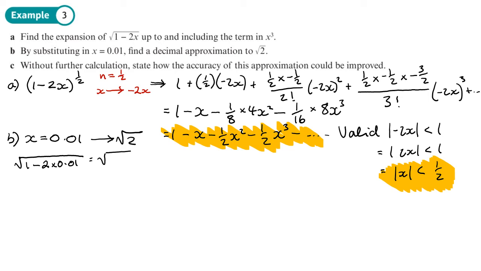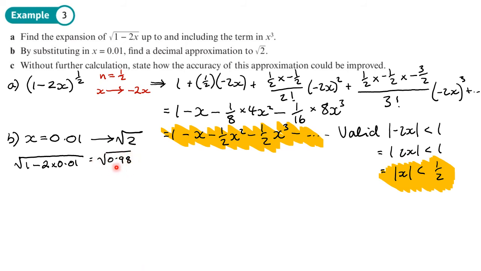So I get the square root of 1 minus 2 times 0.01, which is 0.98, which is I think 49 over 50, so 0.98. So when I substitute 0.01 into this, I'm going to get an estimate for the square root of 0.98, which is no good. I want an estimate for the square root of 2.